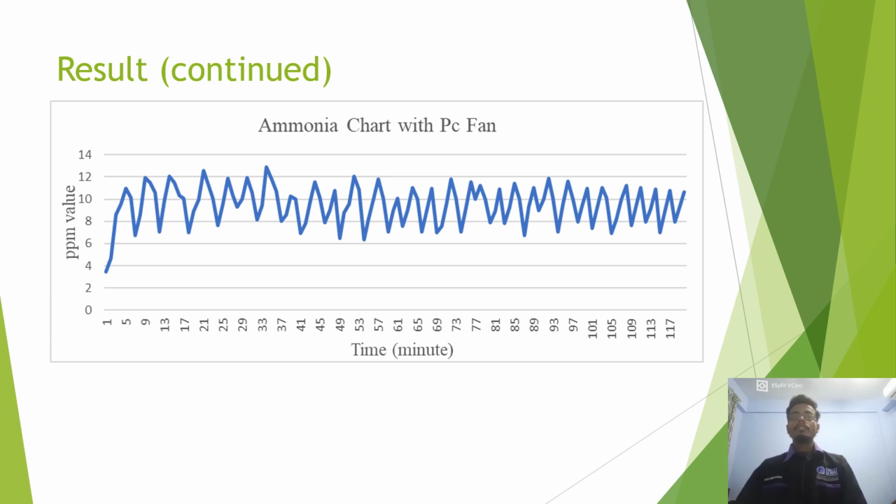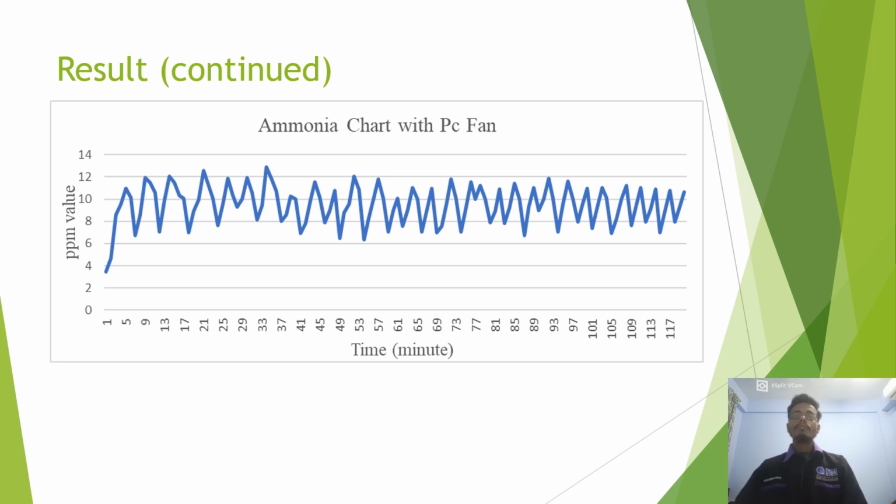And now we are going to see the ammonia chart with the PC fan. Once the ammonia gas is released in the partition, I got the chart like this. This chart can be explained further. Once the ppm value increases, the exhaust fan will be turned on and the graph will go down, but not as much as with carbon dioxide.